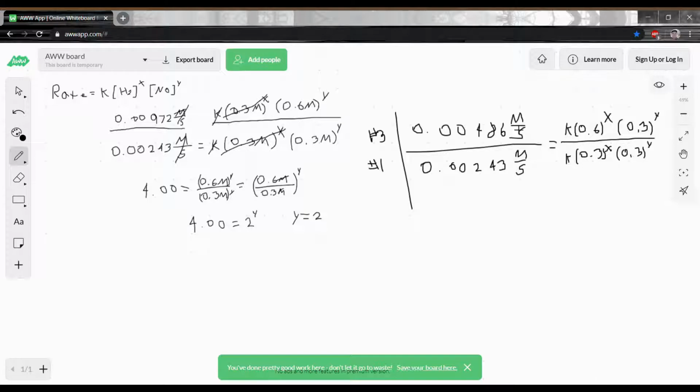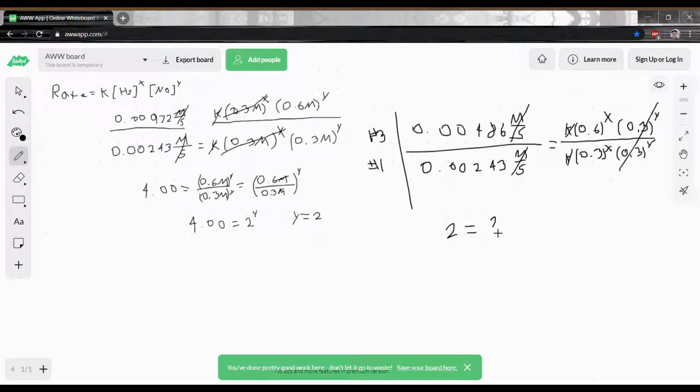Now we can cross out similar terms. So the units go away, the K's go away, these both go away. That's going to leave us with this quantity, which is equal to 2. You can put this in your calculator if you want. I'm just going to write it down. It is equal to 0.6 to the x over 0.3 to the x.